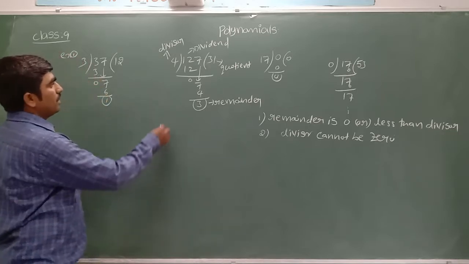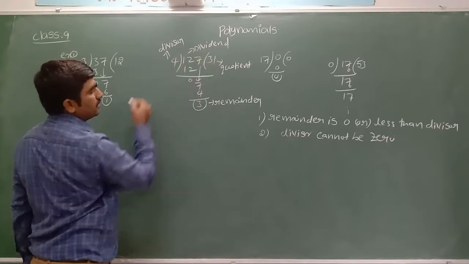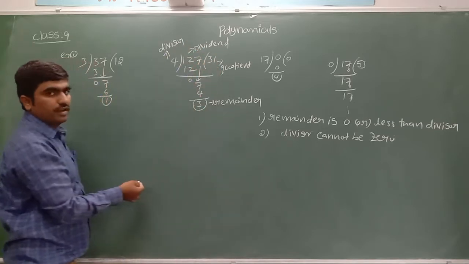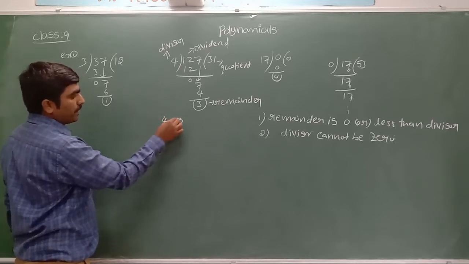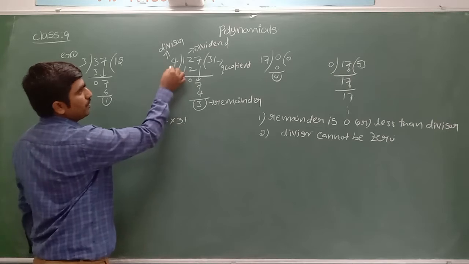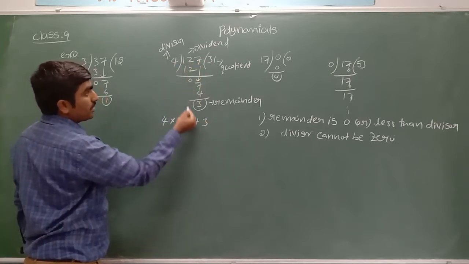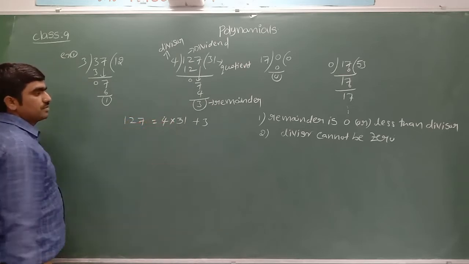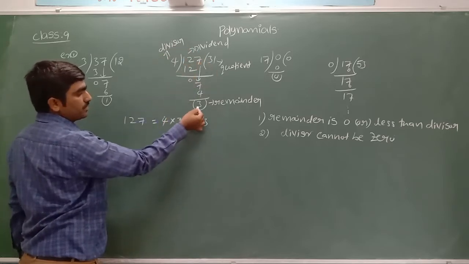And more, we can see this: 4 31s are 124, I multiplied 4 with 31, and 3 is left.